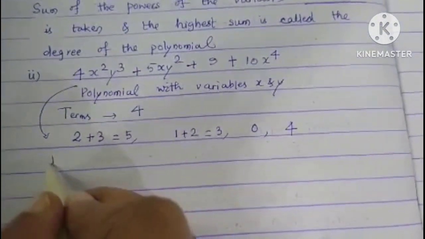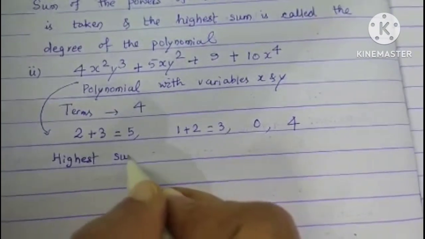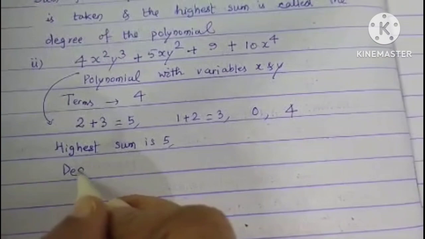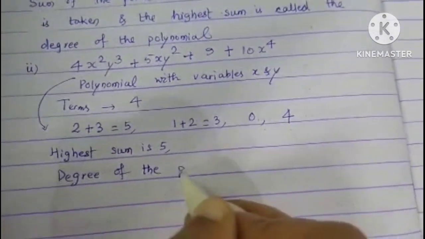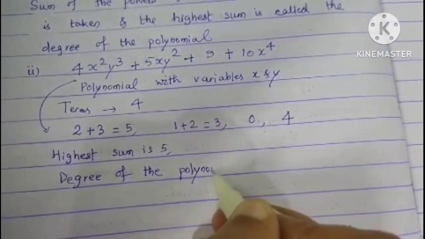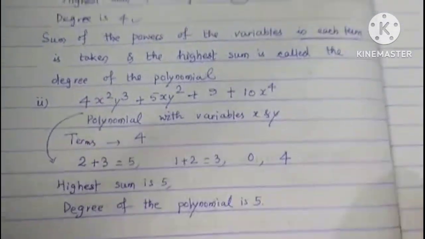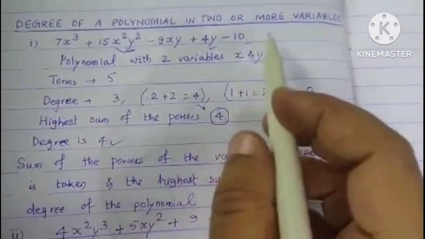So the highest sum is 5, and that will be the degree. The degree of the polynomial is 5. So this is the definition of degree of a polynomial in two or more variables.